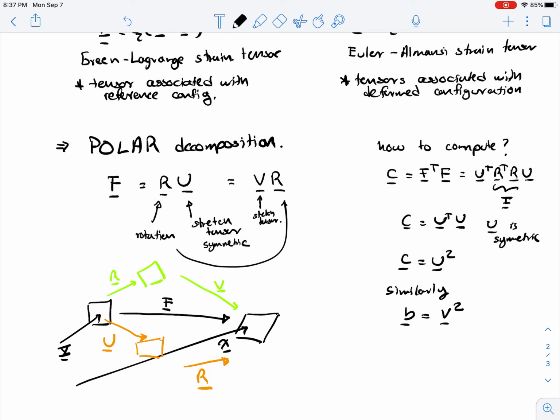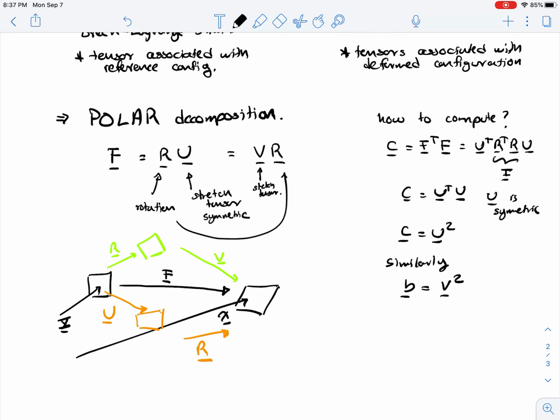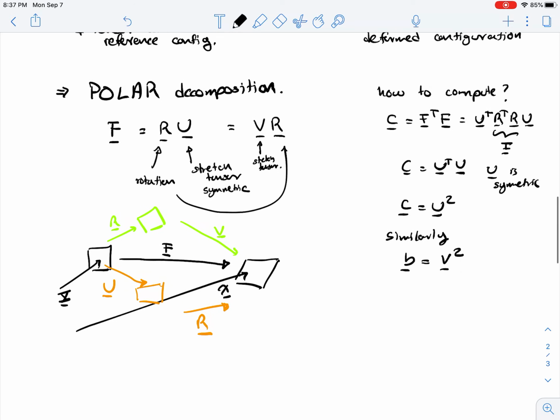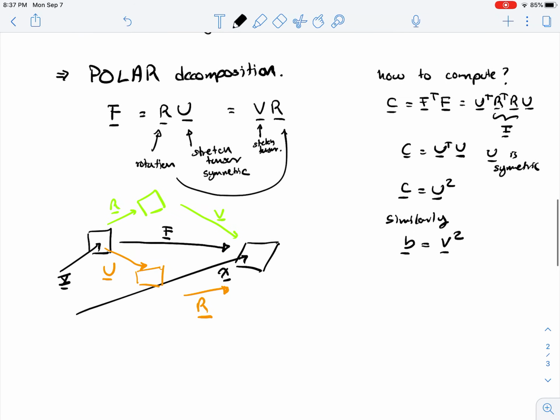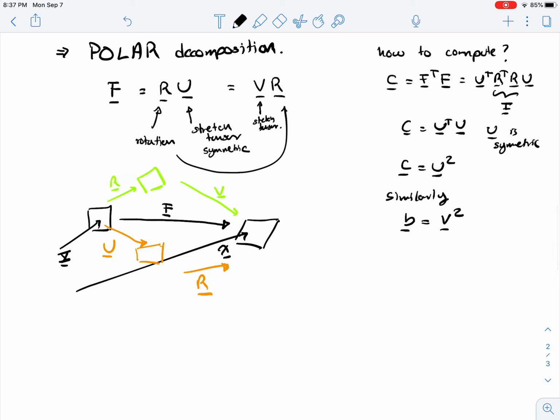I said, how do you compute this polar decomposition, a rotation times a symmetric positive definite tensor, or a symmetric positive definite tensor times a rotation tensor, and I was claiming that you could do it with C or B, but I have a square, and so if I want U, I would have to take the square root of C, which doesn't seem possible. How do I take the square root of a tensor? It doesn't seem that nice.